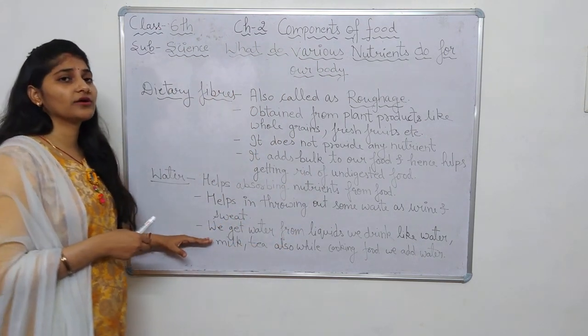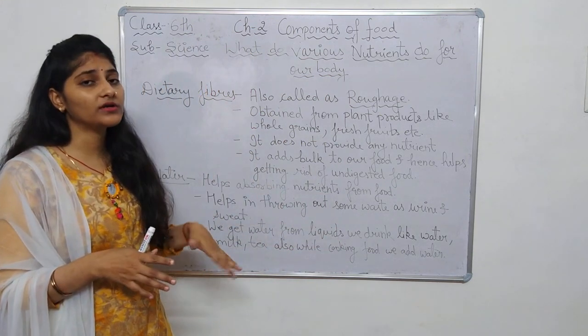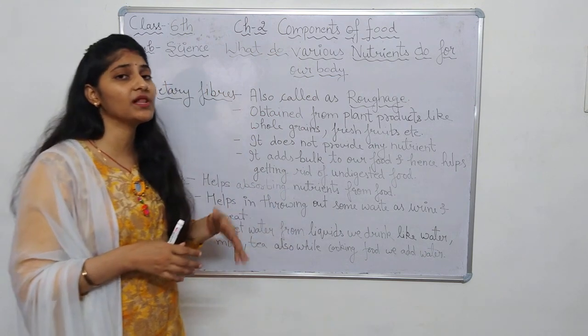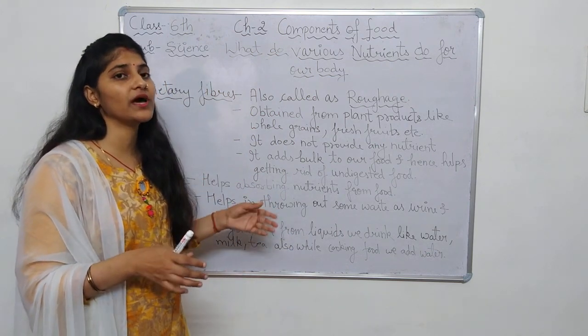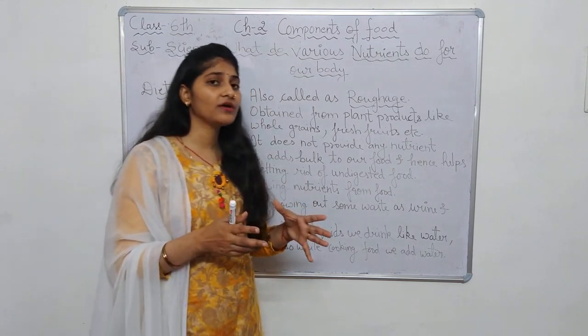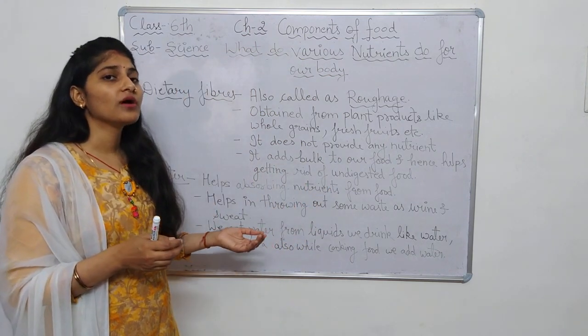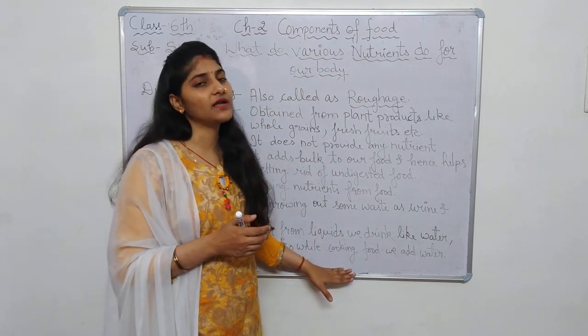We get this water from liquids we drink, like we drink water, we drink tea, we drink milk. So in all these forms we are taking in water. We also, while cooking, add water to our food. So that water also gets utilized in our body.